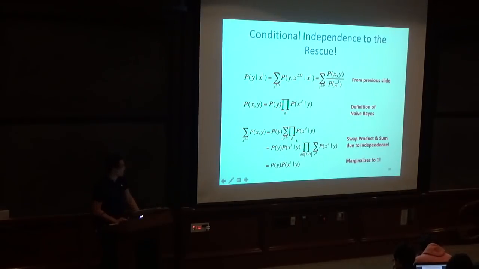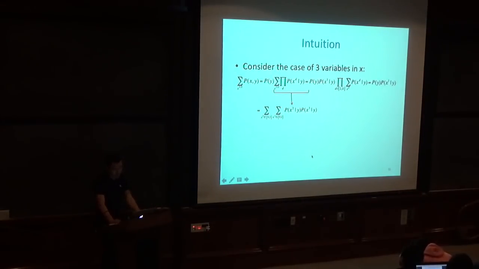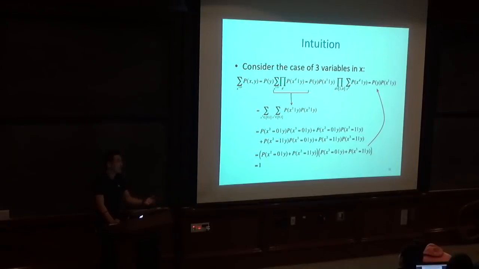So the trick, of course, is this equality from this step to this step. And I'll just show in an example with 3 variables just to make it very explicit. It's basically inverting the distributive rule. That's all.